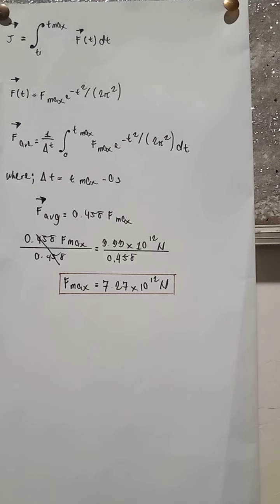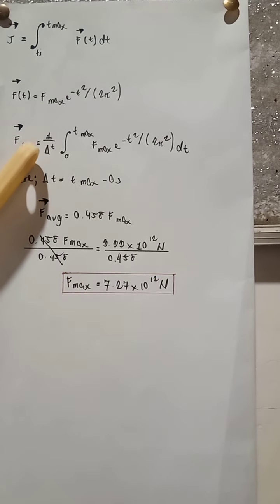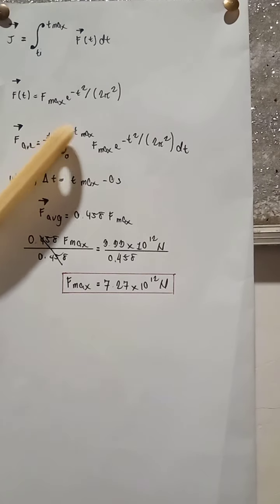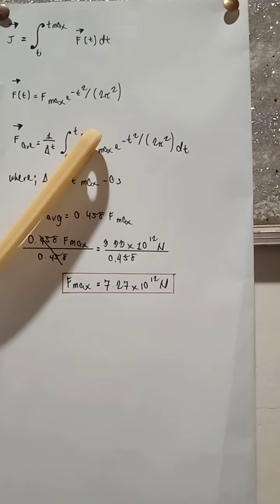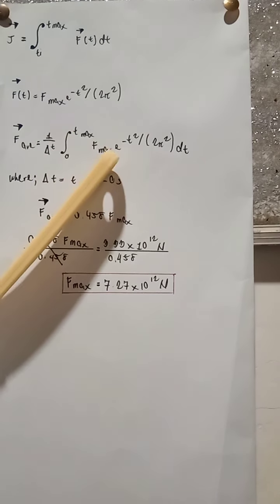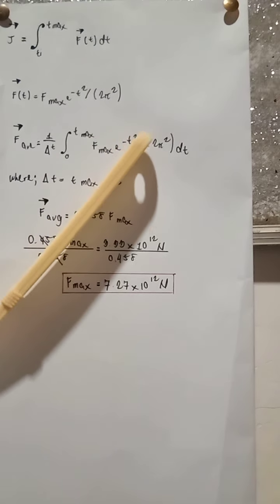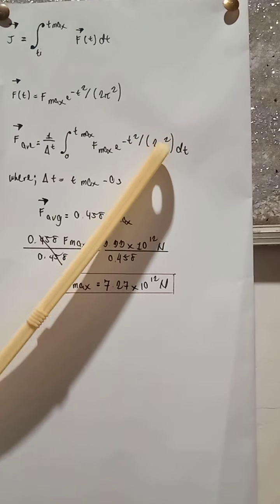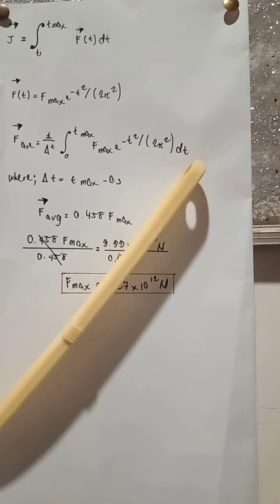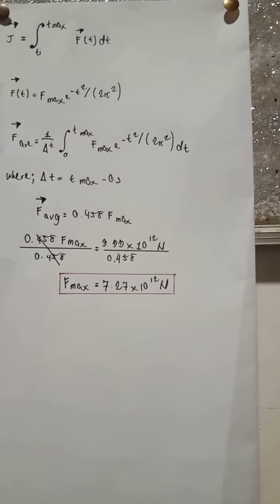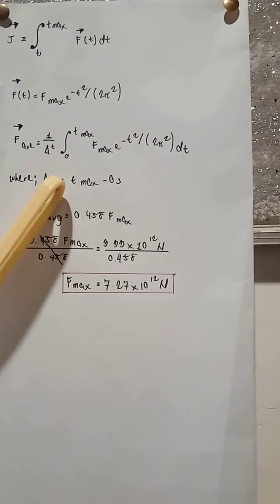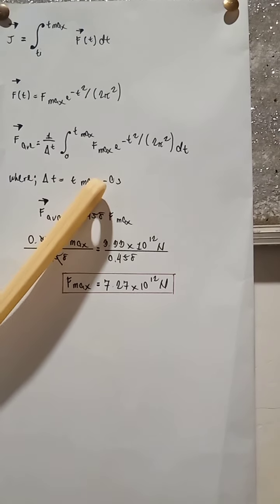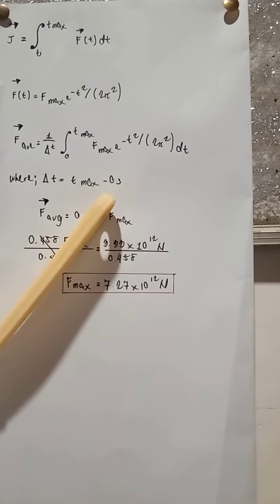The average force is equal to 1 over delta T times the integral from 0 to T max of F max e to the negative T squared over the quantity 2 R squared dt, where delta T is equal to T max minus 0 seconds.